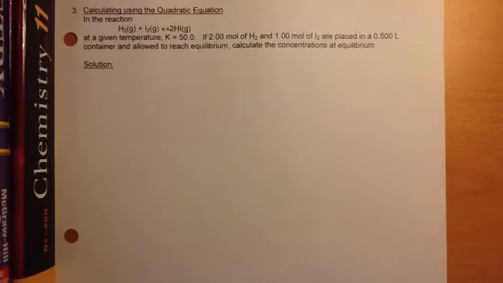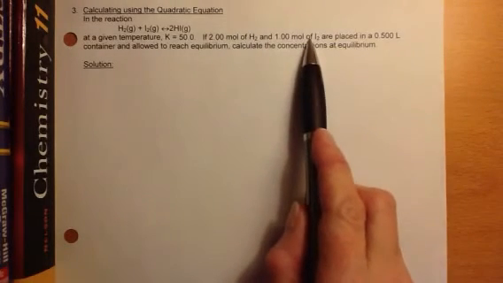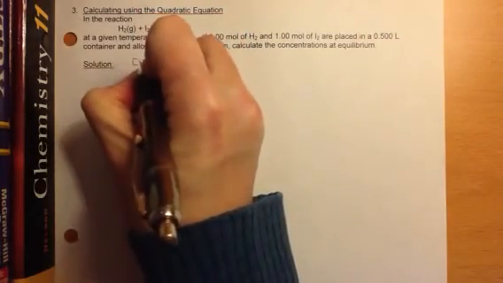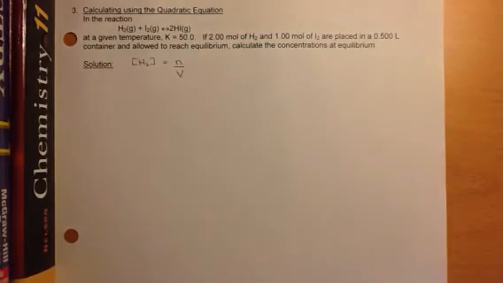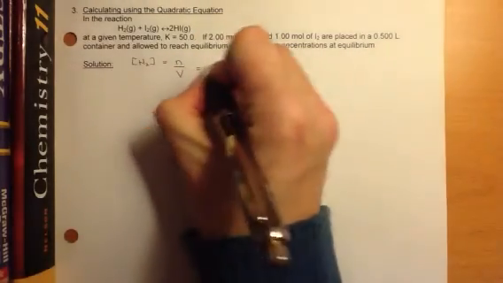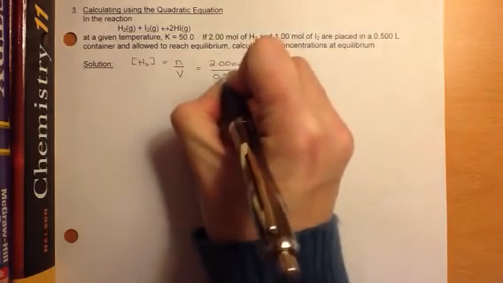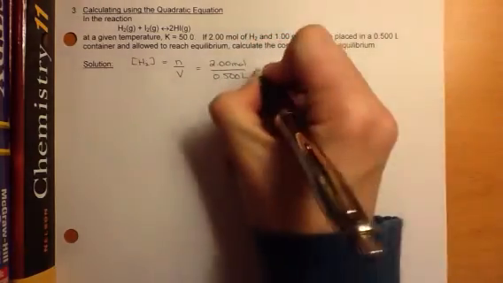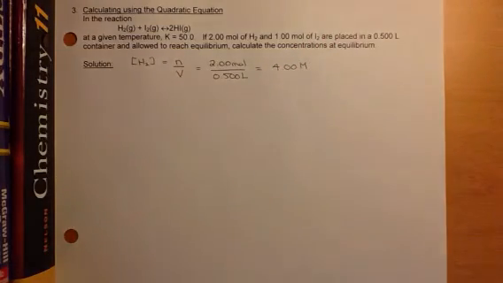Of course, we're going to use our ice chart, but before we do, we have to calculate the concentration of the hydrogen and iodine in moles per liter. So let's start off with the concentration of the hydrogen. Take your number of moles and divide by the volume. 2 moles of hydrogen divided by 0.5 liters is going to give us 4 moles per liter for the hydrogen.